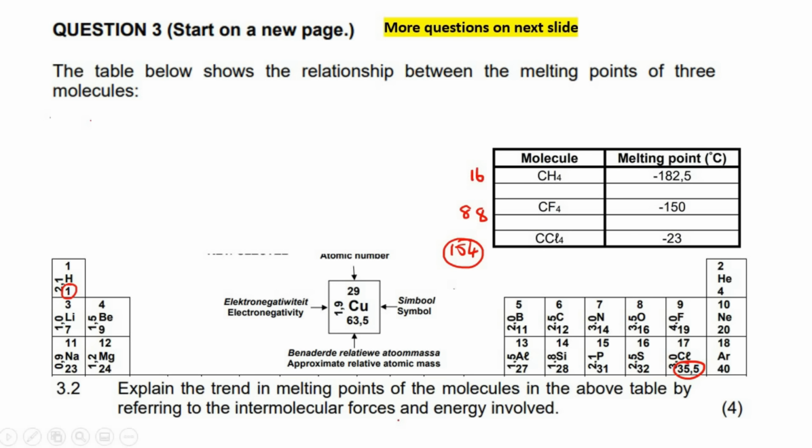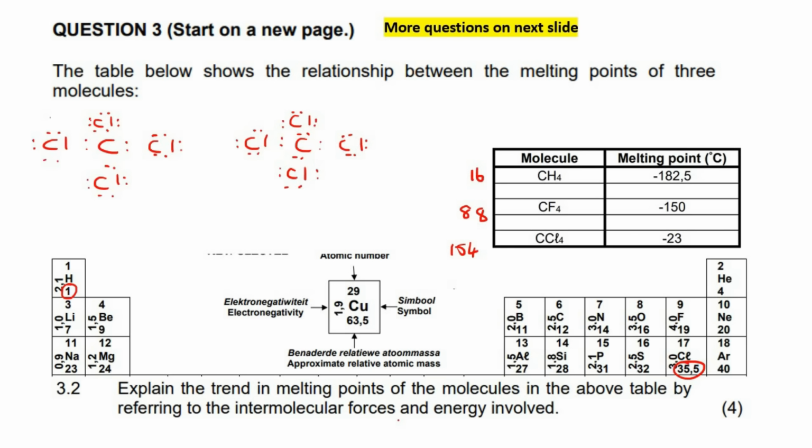Because remember that when you have CCl4, okay, so let's put CCl4, and then let's put another CCl4, okay? Now remember, there's a whole bunch of electrons. So we said that because of all those electrons, there's going to be lots of positives and negatives, and so there's going to be a lot of London forces taking place over here.